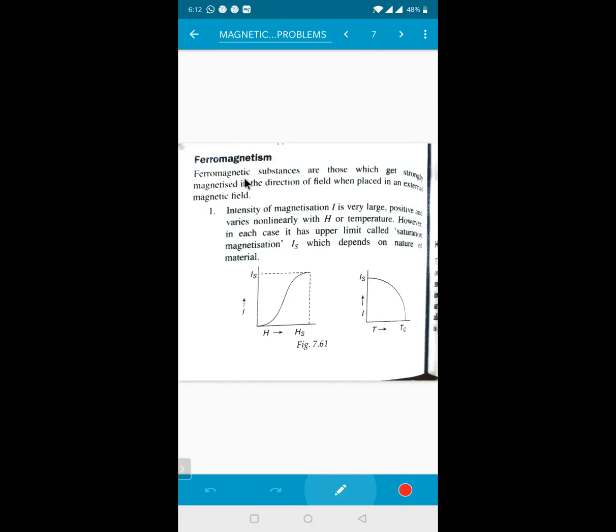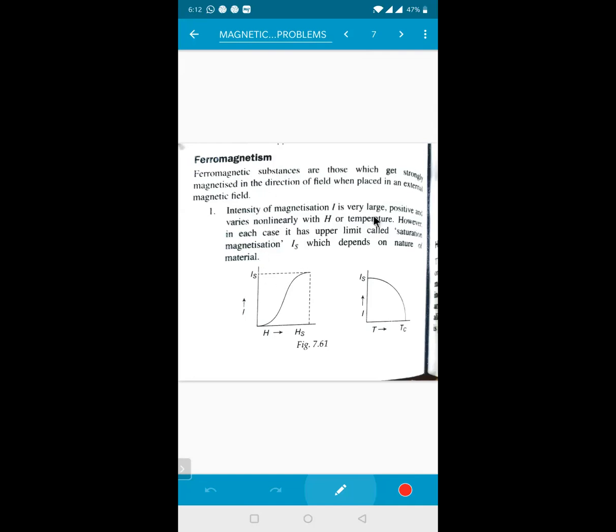Ferromagnetic substances are those which get strongly magnetized in the direction of the field when placed in an external field. What is the difference between strongly and feebly? Diamagnetism means feebly magnetized; ferro is the next level of being easily magnetized. They become much more powerful when kept in the external field.